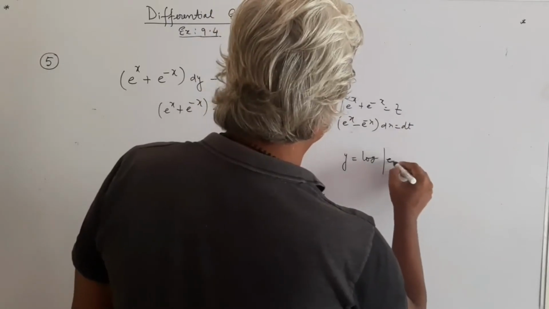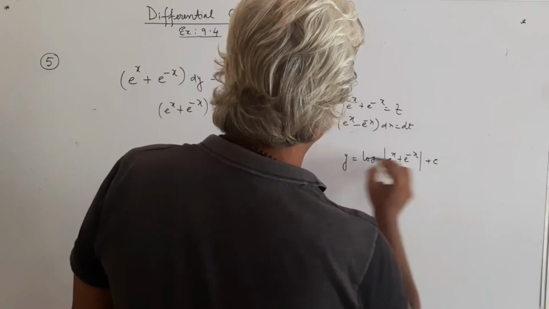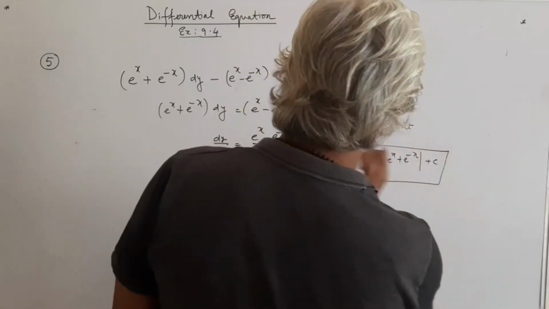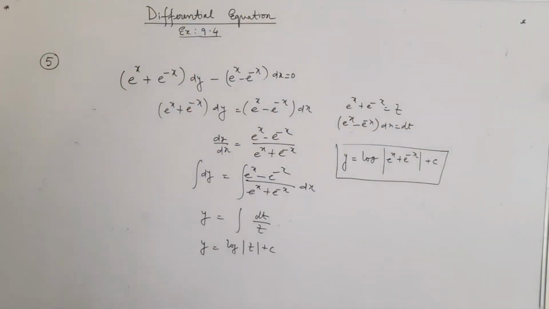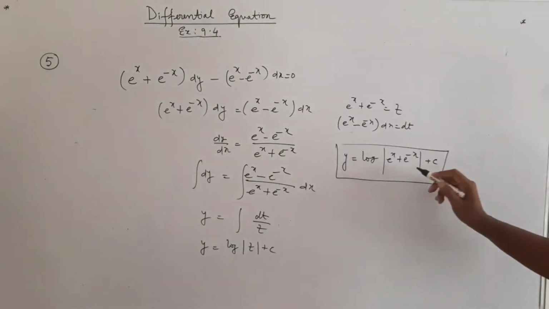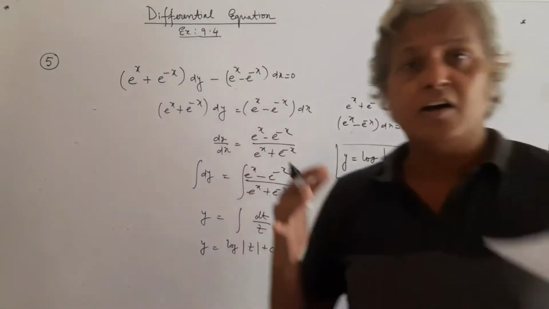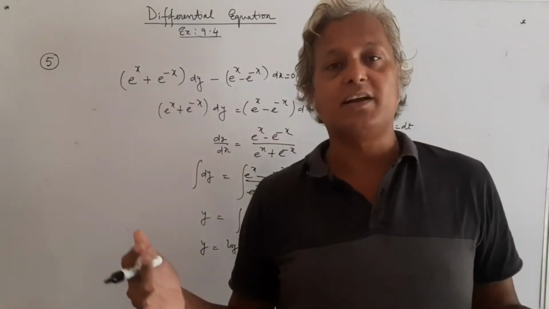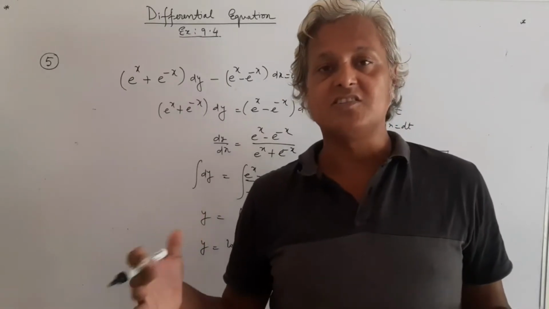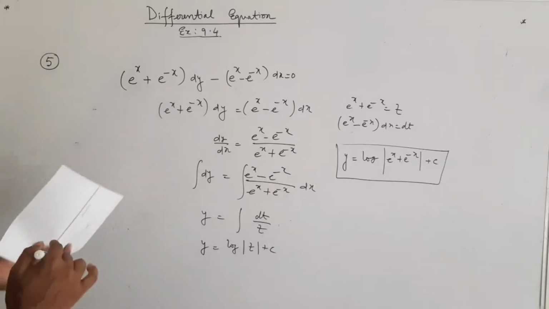That is e to the power x plus e to the power minus x, plus c. This is the answer. In the textbook sometimes the answer may vary because this one can be simplified further. In that case you don't need to worry, because any algebraic, trigonometric or exponential expressions can be rewritten into some other forms. So that is not a big issue.